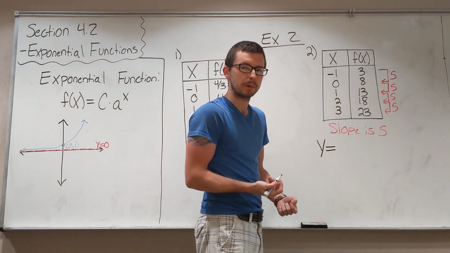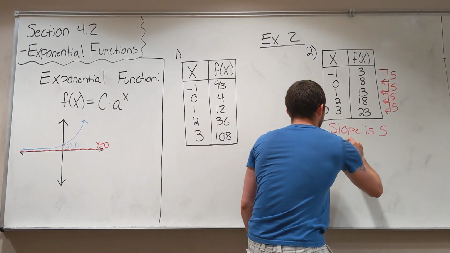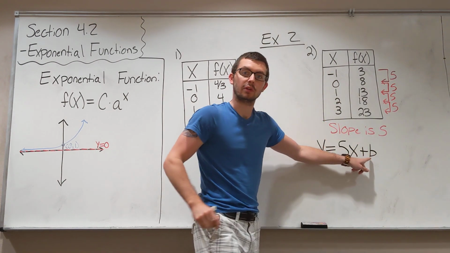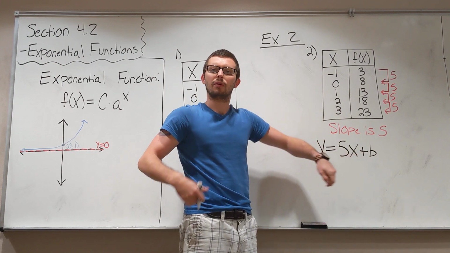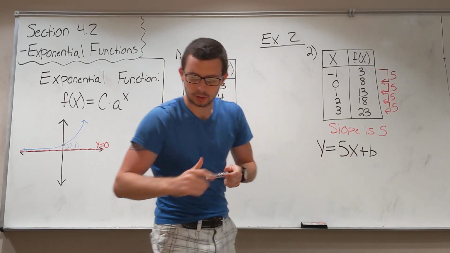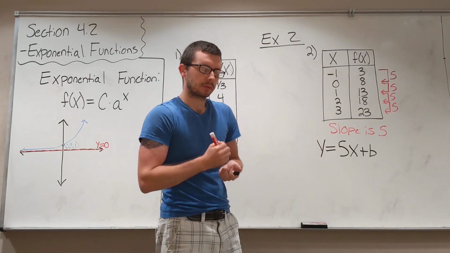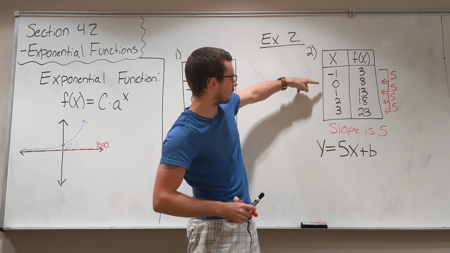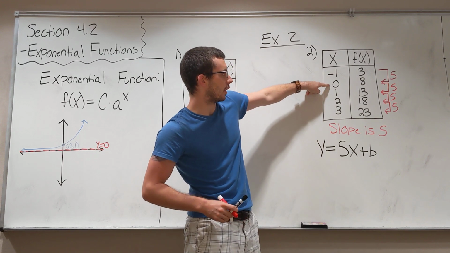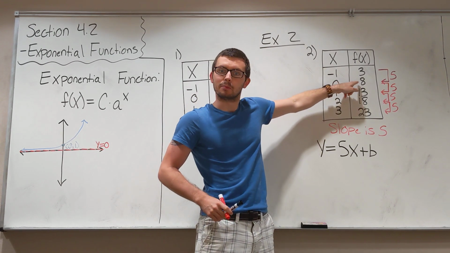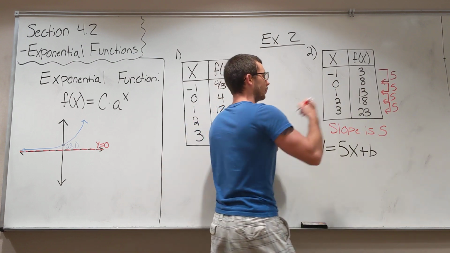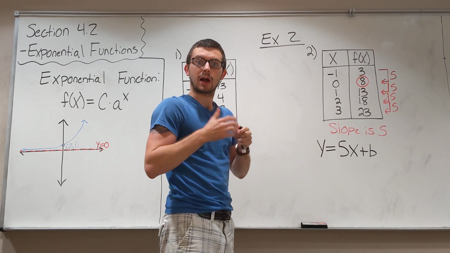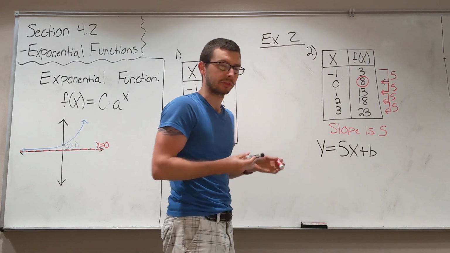We know that the m is 5, but we still don't know what the y-intercept is. However, we actually do in this problem. Remember, the y-intercept is when the x value is 0. Notice in this row, the x value is 0, the corresponding y value is 8. So that immediately tells us our y-intercept. They give it to us actually.